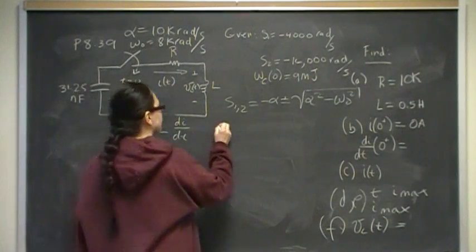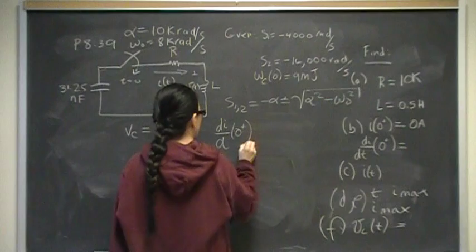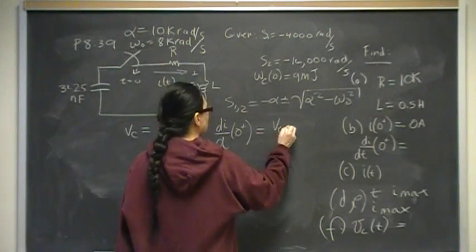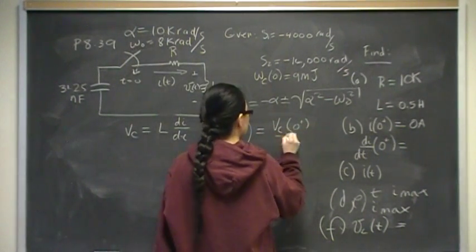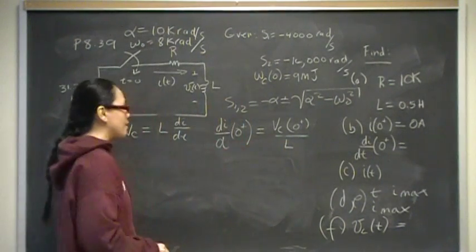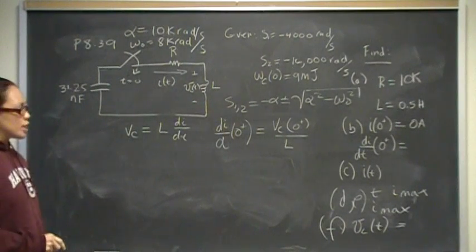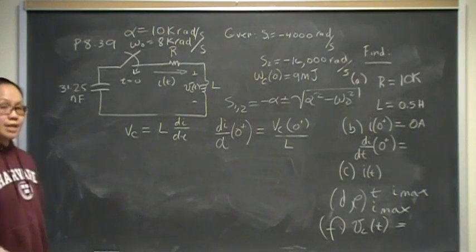And by using that, we can say di dt right after the switching happens is going to be the voltage right after the switching happens, divided by L. So we can say that, except we don't quite know what the voltage is across the capacitor. We have to find it indirectly.